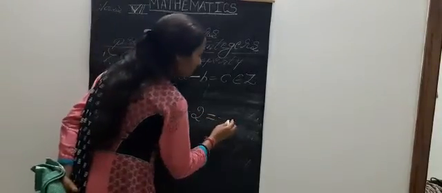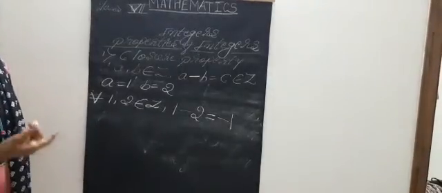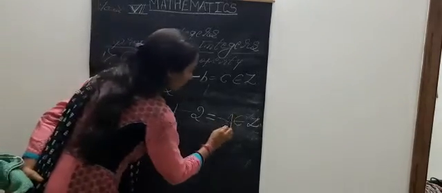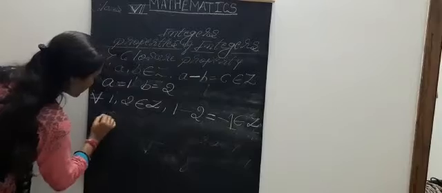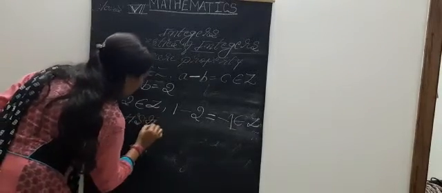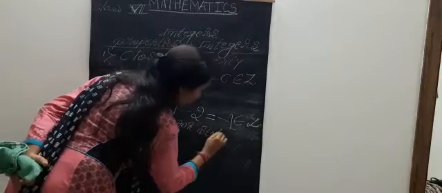It's minus 1. Yes, minus 1 belongs to integers. Obviously, minus 1 is also an integer. So here also you can say the closure property is satisfied for subtraction.